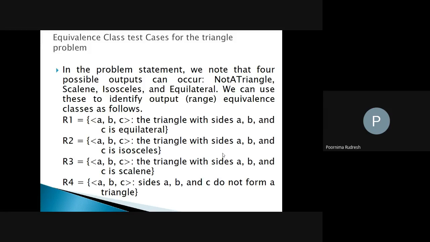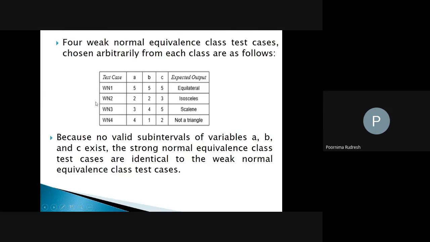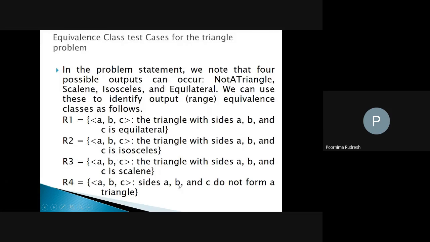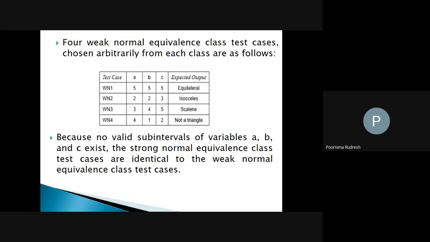Then we say that the triangle is a scalene triangle. And if not all these 3, then we say that the sides do not form a triangle. So the fourth one is R4 = {A, B, C: sides A, B, C do not form a triangle}. Whenever we use A, B, C to construct the triangle, if it is not possible, then we have to display the message that it is not a triangle, or it is not possible to construct the triangle. So these are the 4 possible cases we are considering.